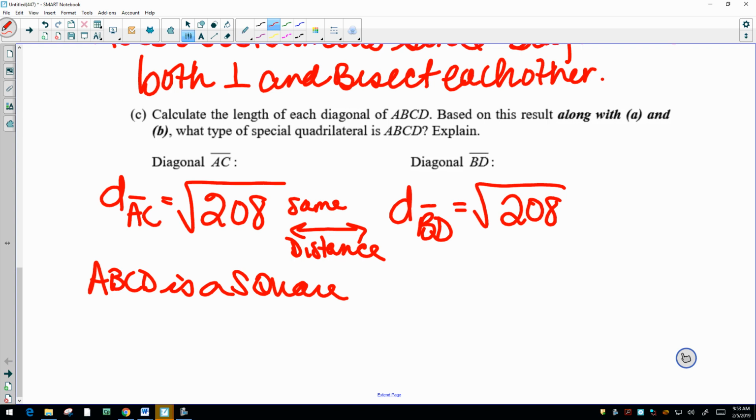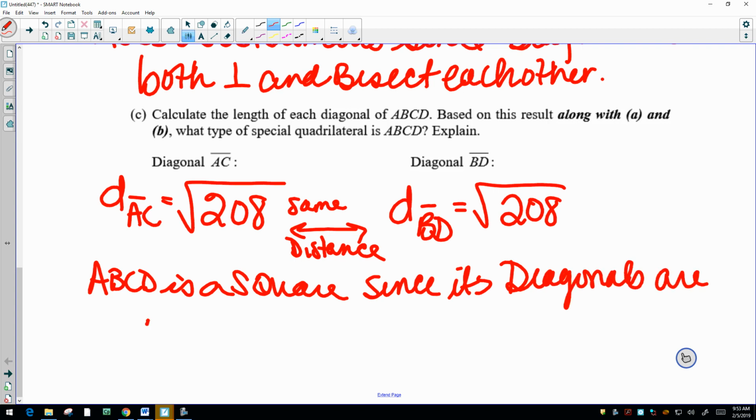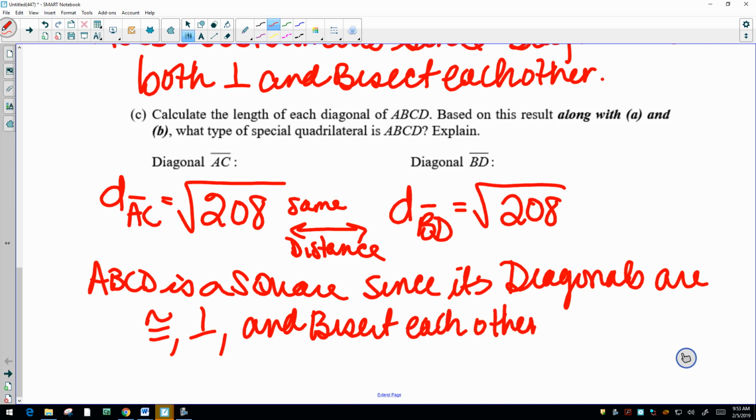since its diagonals are, we have three things here: congruent, perpendicular, and bisect each other. Do you have to do a proof of a square like this?